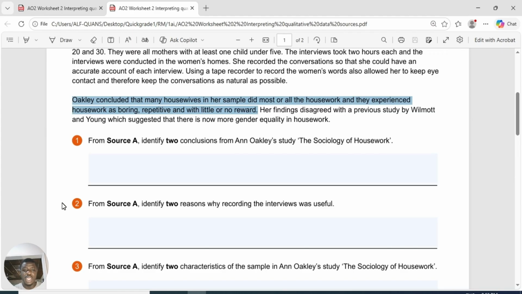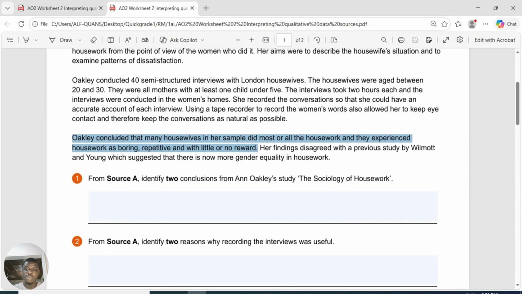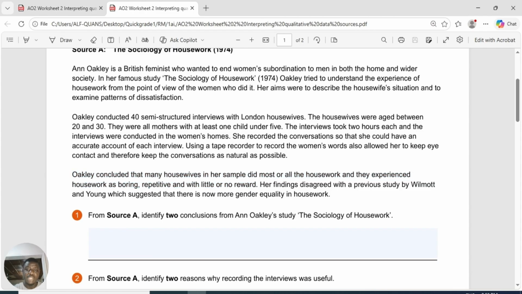Now we come to question number 2. From source A, identify two reasons why recording the interviews was useful. If you come to the second paragraph, the third line, this is where we can get our answers from the source.